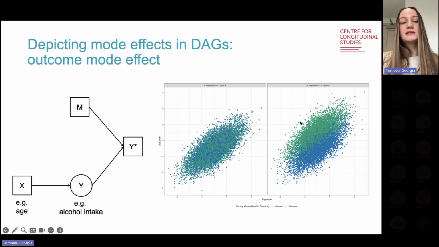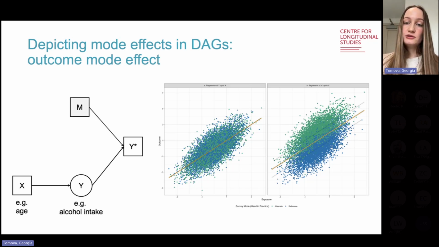And then on the right, we have the same relationship, so regression, where X is the exposure, and this time Y star, the measured Y, is the outcome. So if we were to look at the regression lines, we'll see that we would estimate the same relationship in this case, regardless of whether we have the true or the measured Y.